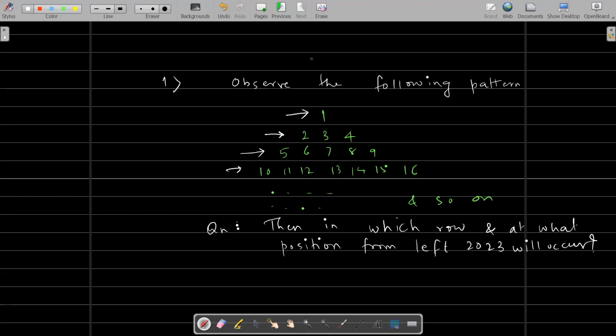Sir, I sent my answer in the chat. Am I correct? Yes, Saket, your answer is correct. Yashraj also. Shion, you have to write at what position it will be in that row from the left side.